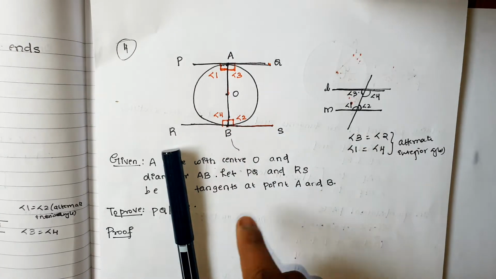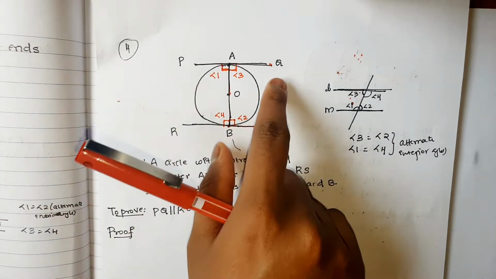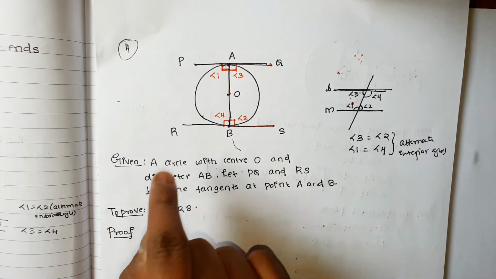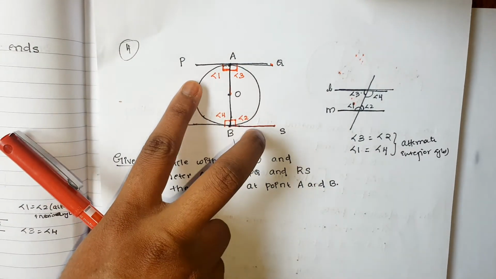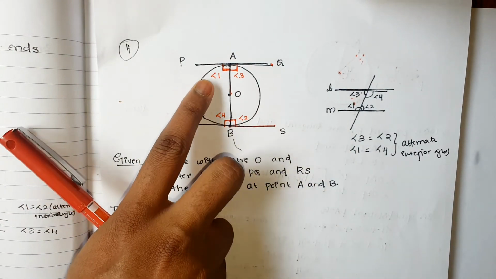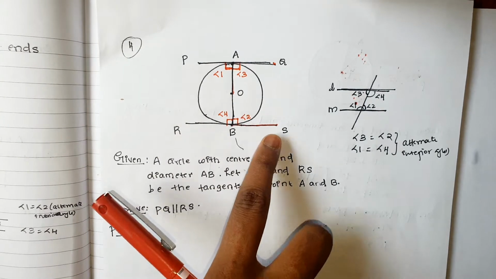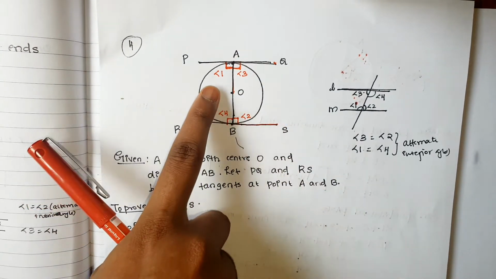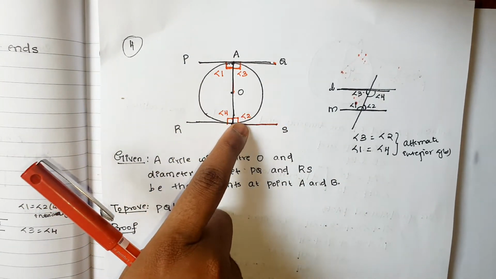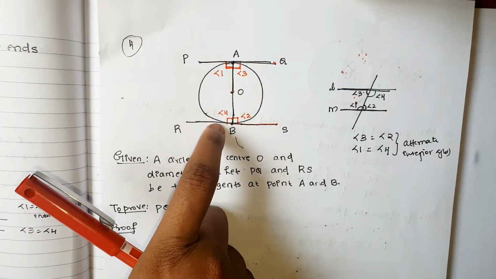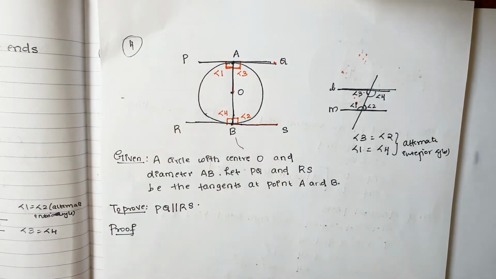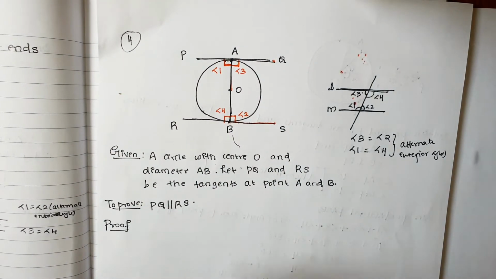What we have to prove is that this is parallel to this. For that we have to prove the alternate interior angles are equal. So these two are parallel lines and this is a transversal. We have to prove angle 1 is equal to angle 2 and angle 3 is equal to angle 4.